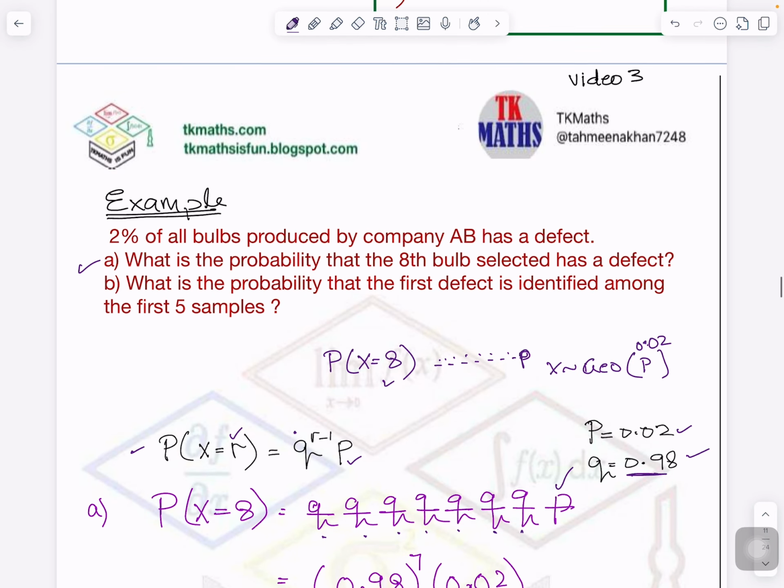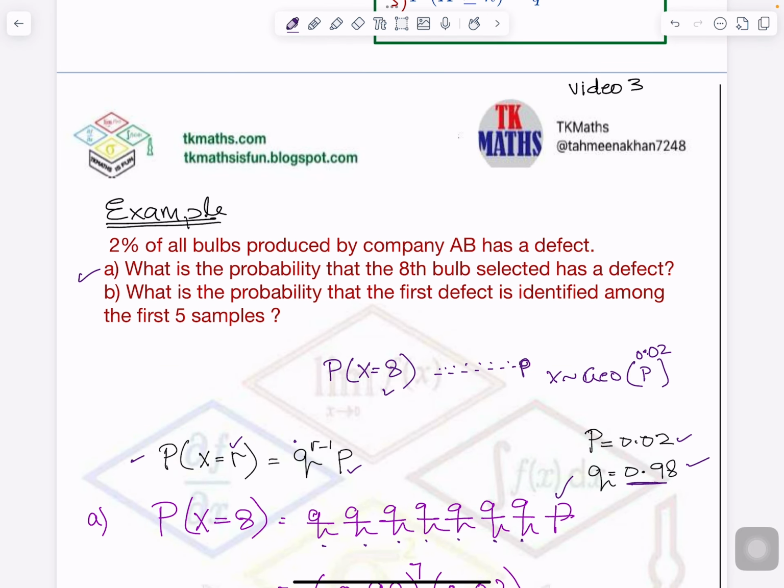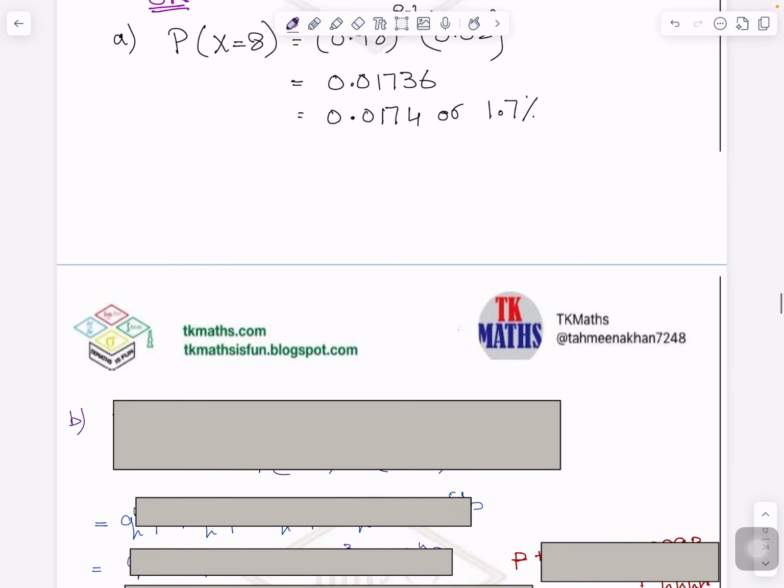Part B is asking: what is the probability that the first defect is identified among the first 5 samples? It means maybe the first time it was a defective bulb, or maybe the first time no, second time yes; first, second no, third time yes; first, second, third not defective, fourth time defective; or 1, 2, 3, 4 not defective and then defective.